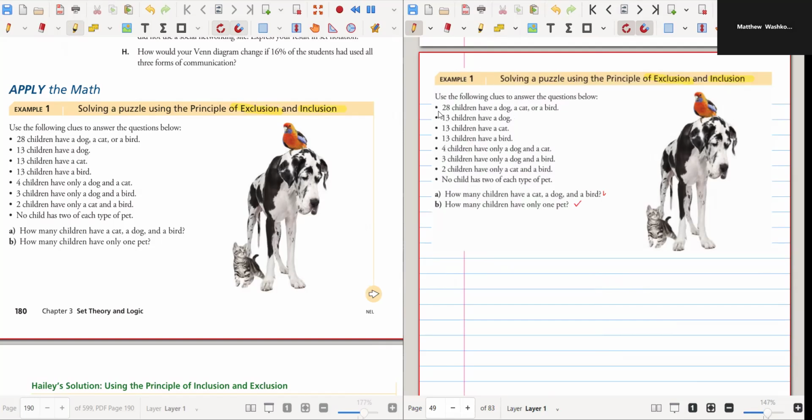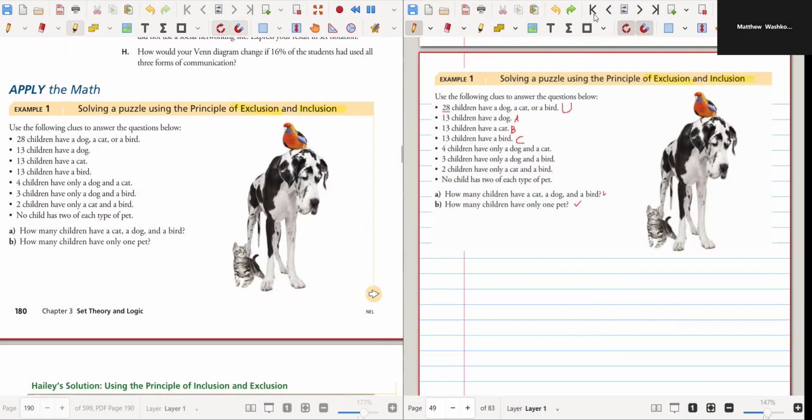So we have 28 children who have a dog, a cat, or a bird, which is going to be our universal set. Now we have 13 children who have a dog, which we're going to say is A. We have 13 who have a cat, which we're going to say is B. And we have 13 who have a bird, which we're going to say is C. So already we can see that adds up to 39, right? That's not working out.